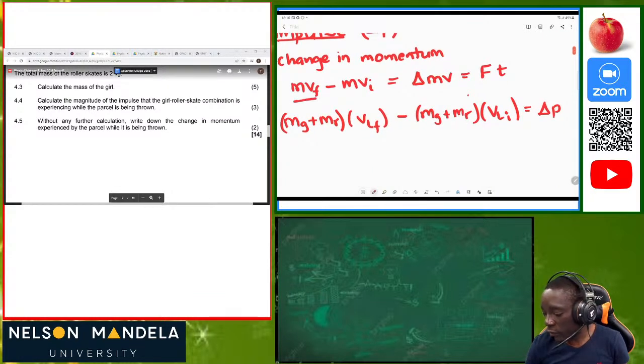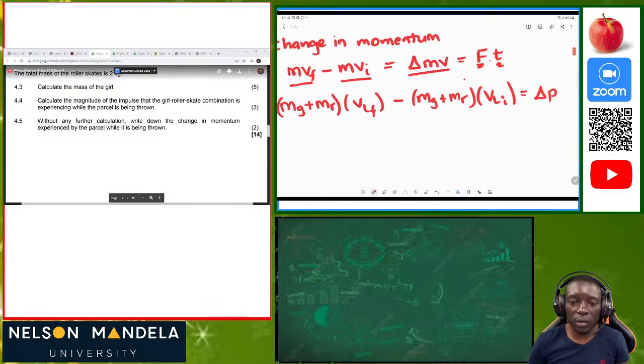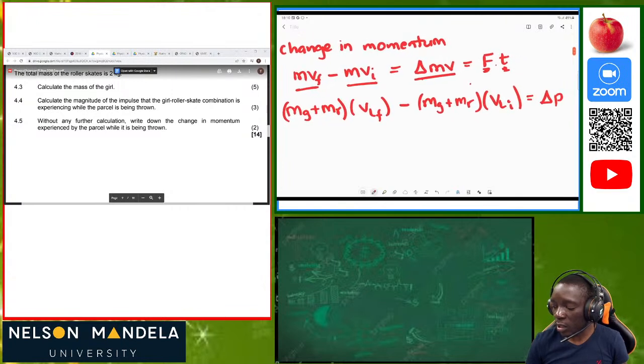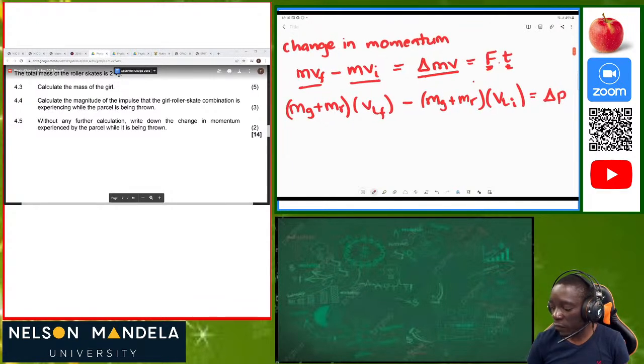So the final momentum minus initial momentum is the change in the momentum given by the product of F and T. So in a situation where we are dealing with collisions, the collision force and the time of impact are the two quantities that give us a product we call impulse. So other than defining impulse as the change in momentum, we can also call it the time effect of a force.